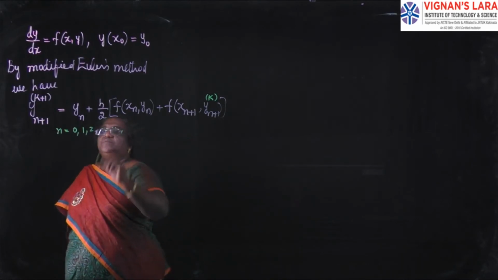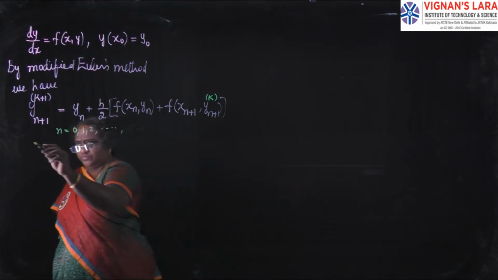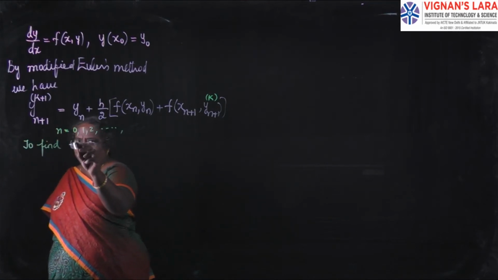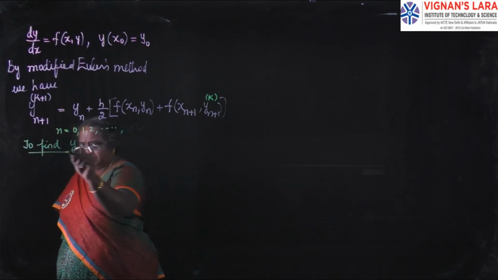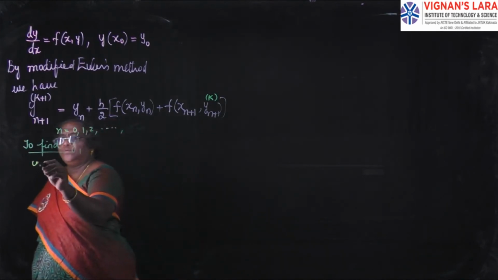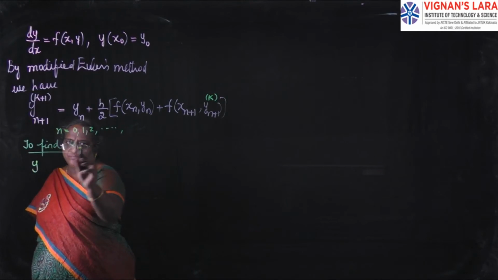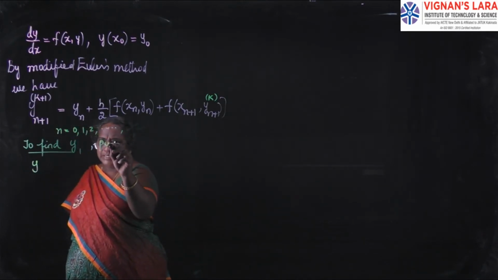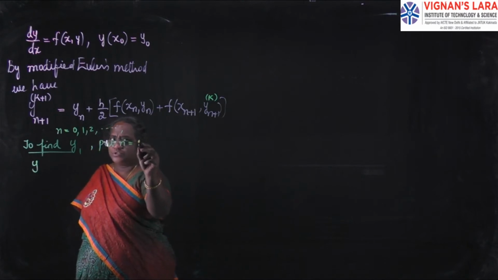So when n is equal to 0, if I want to find y1, what is the set of formulae here? To find y1, put n is equal to 0.